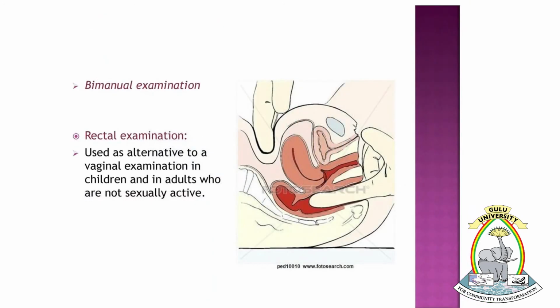And then you may also need to consider doing a bimanual examination. In bimanual examination, one hand is on the abdomen, and the other hand is in the pelvis through the vagina. This will help you to assess properly if there is a mass, what the mass is involving, whether it is fixed, tenderness, and so on. You can get it through this.